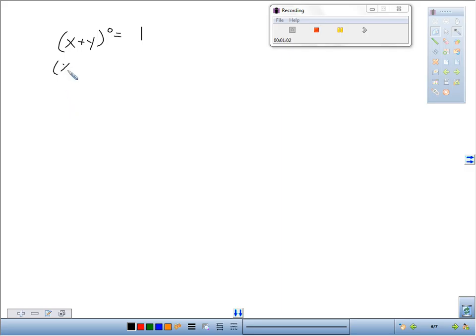Then if I have x plus y to the first, that gives me x plus y. Then I can do x plus y squared, and that gives me x plus y times x plus y, which gives me x times x is x squared.